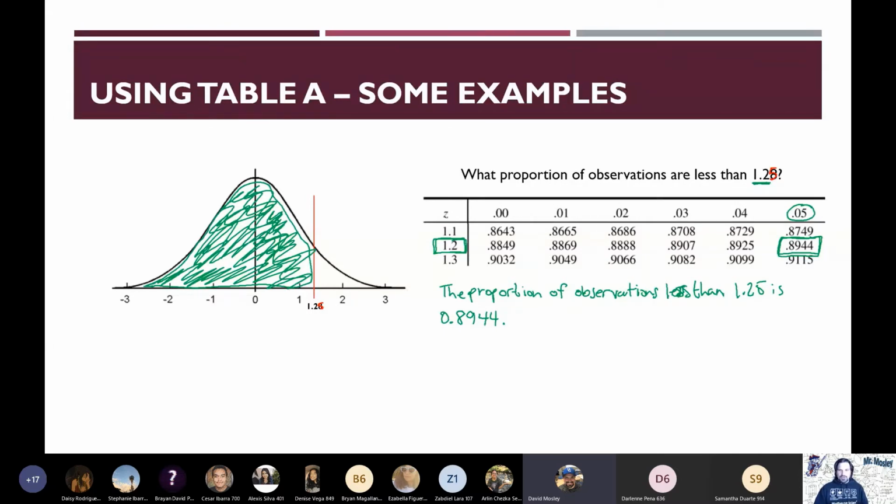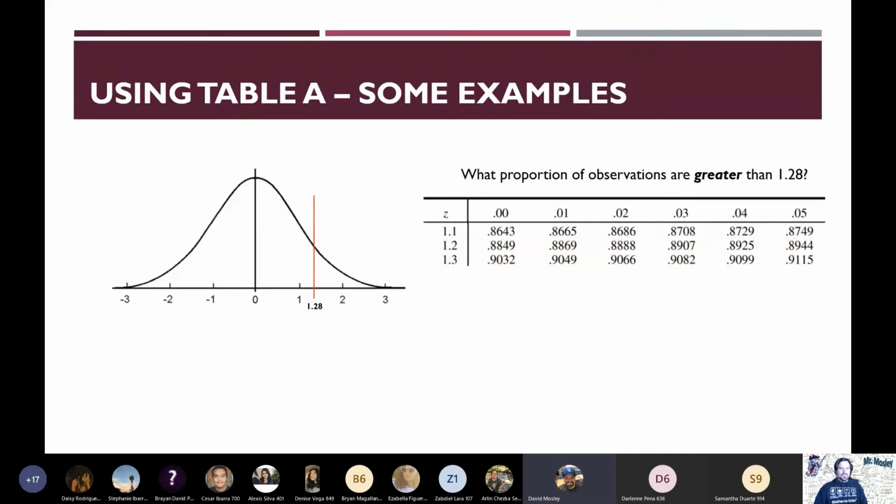So we need another moment on this slide. All right, in this next example, once again, we're going to adjust this number to make it work with my table. This to be 1.25.